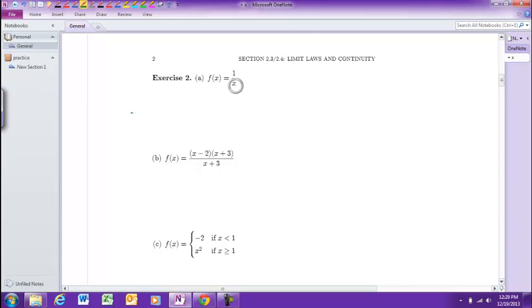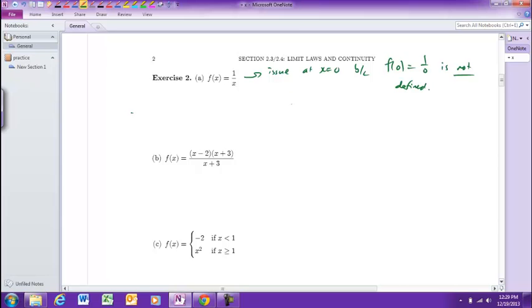So we're trying to look for discontinuities for the function 1 over x. And just looking at that, I can tell that there's going to be an issue at x equals 0 because f of 0 equals 1 divided by 0 is not defined.